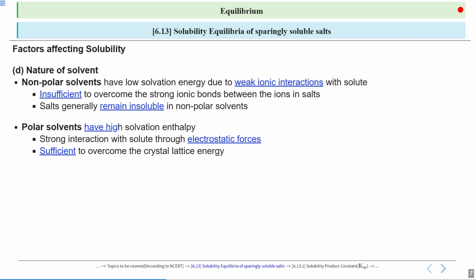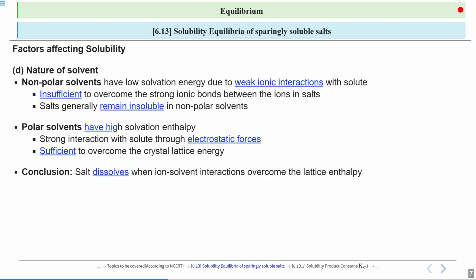Now, if there is a stronger interaction and your system is going to a stable state, that means energy will be released, and that energy will be enough to break the crystal lattice, or you can say to overcome the crystal lattice energy. Your solvation energy is enough to overcome the crystal lattice energy. So what can you conclude from these 2 points?